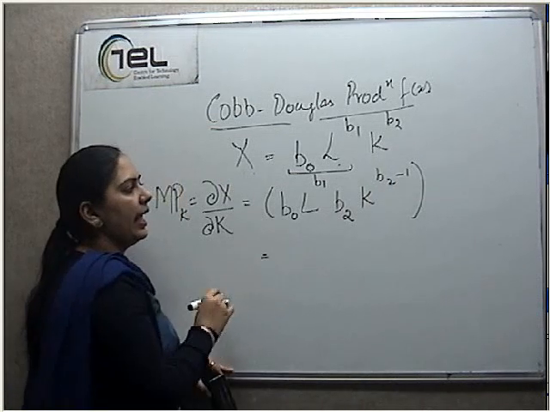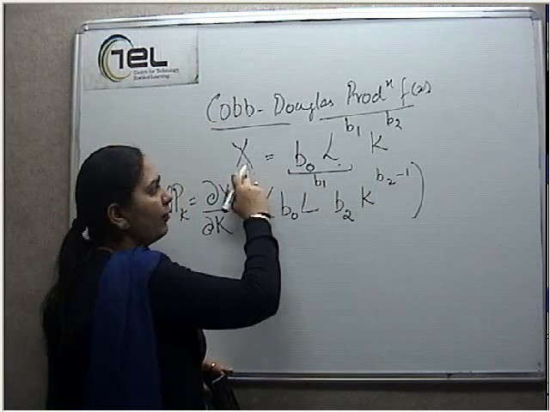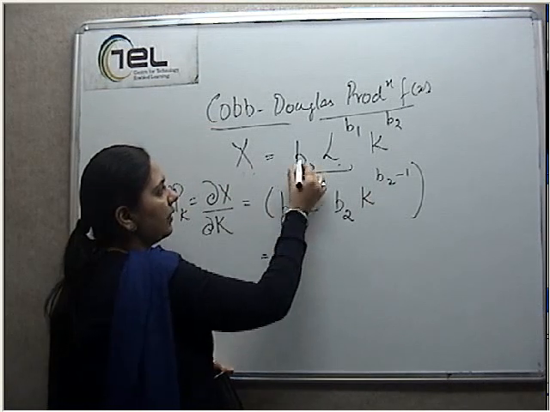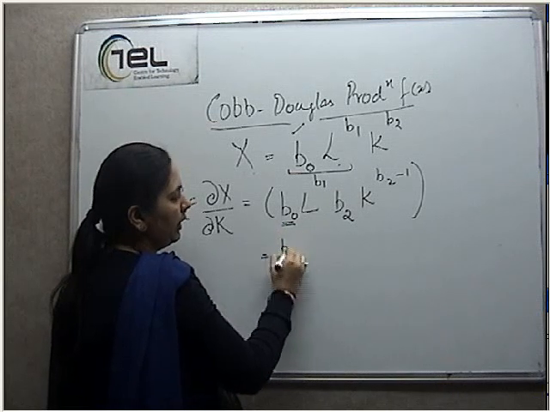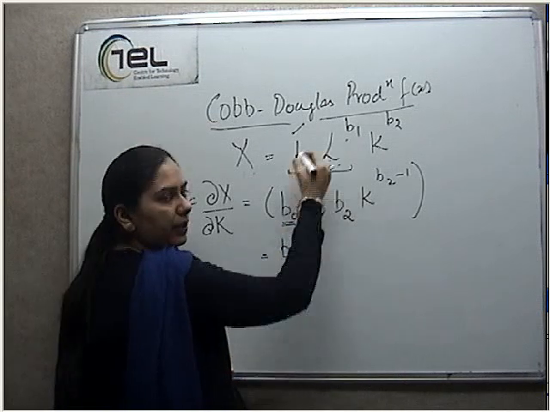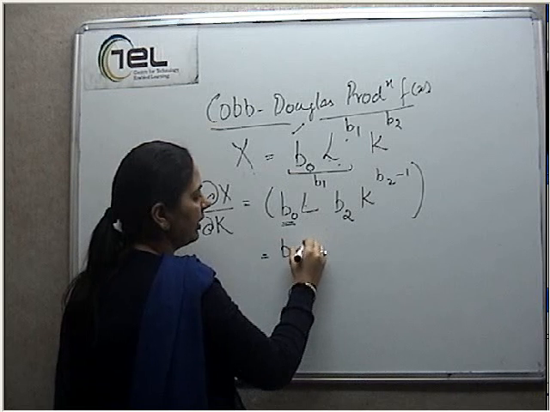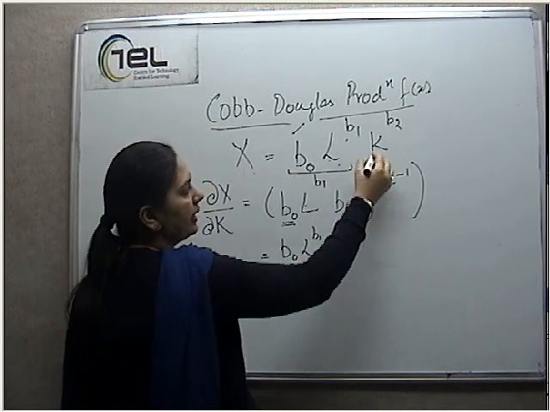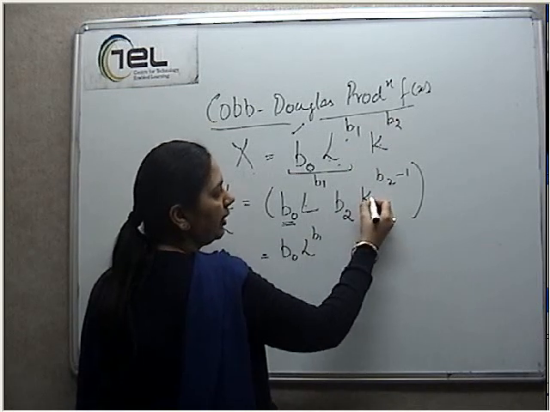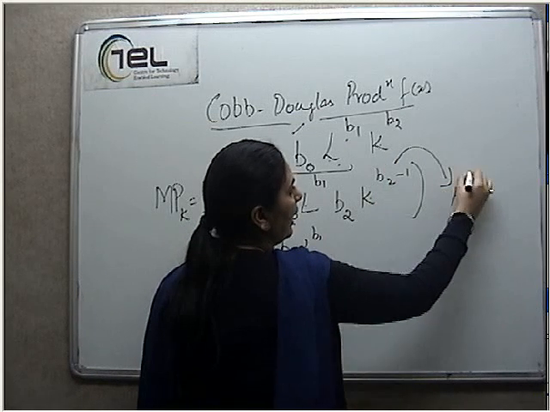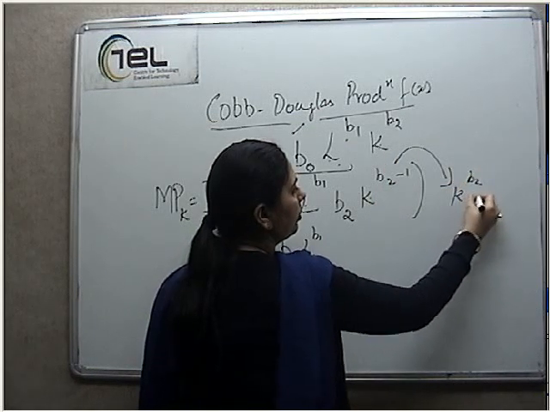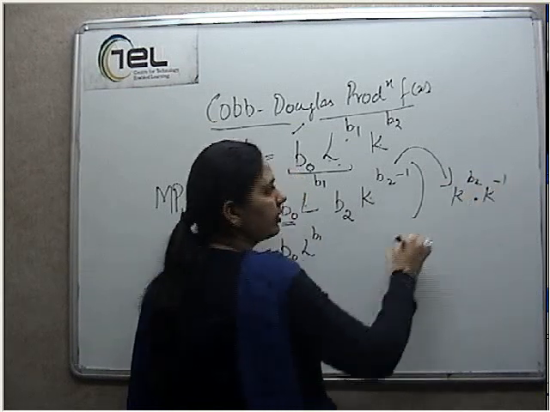Now I want to write this in terms of x. Let's start with x: it has first B naught, then L to the power B1, then K to the power B2. Here I will write this same figure as K to the power B2 into K to the power minus 1.